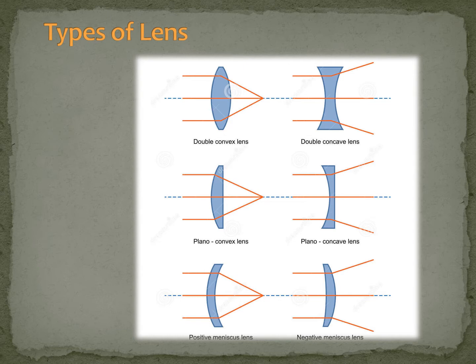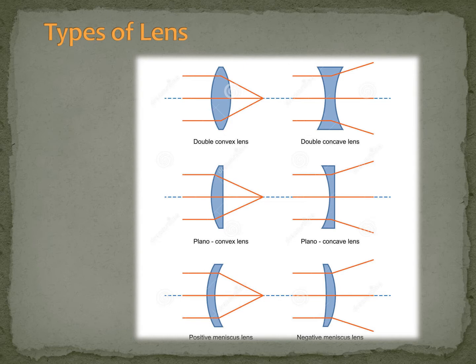So we can have lenses that are convex on only one side and plane on the other side. They can be concave, and each one of these lenses will allow us to do different diversions, let us say, to the light rays.